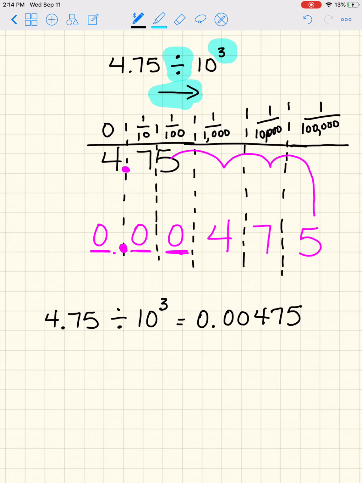And again, if you wanted to plug it into your calculator, 4 and 75/100ths divided by 1,000, because 10 to the 3rd power is equal to 1,000, and that would equal 475/100,000.